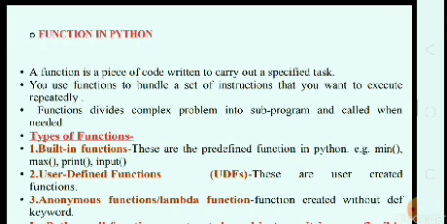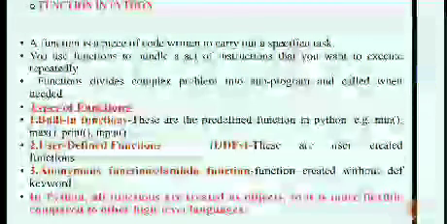Second type is user-defined functions. User-defined functions are functions created by the user. Whatever functions are required at the time of developing, the user creates them, and they are called user-defined functions. Third one is anonymous functions, lambda functions, created without the def keyword.